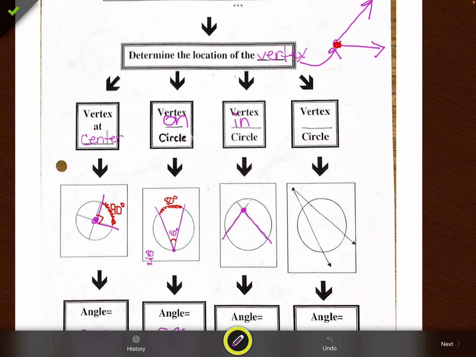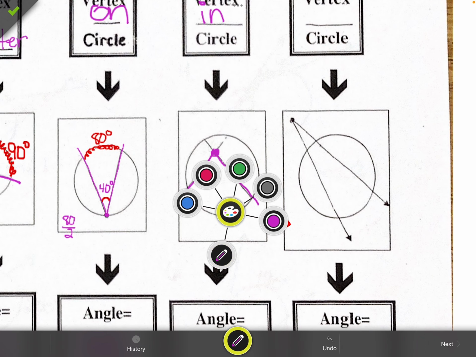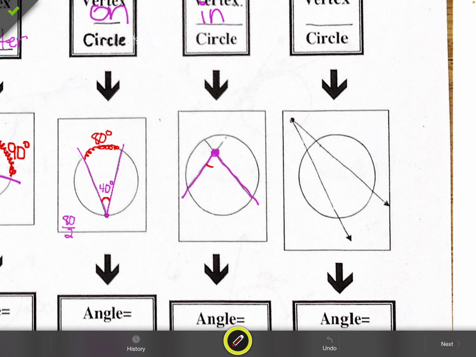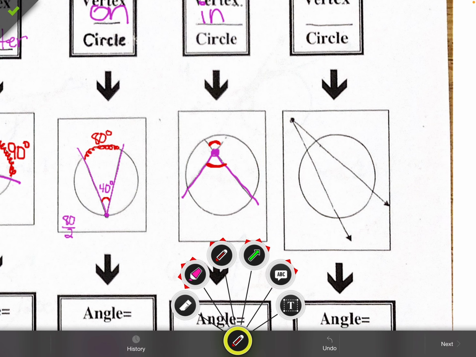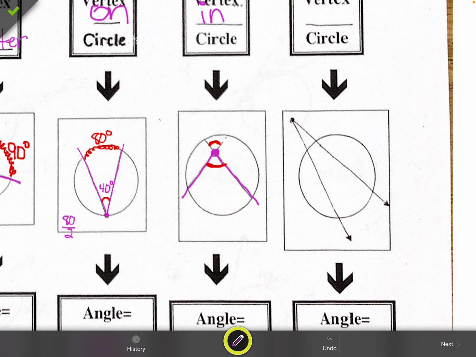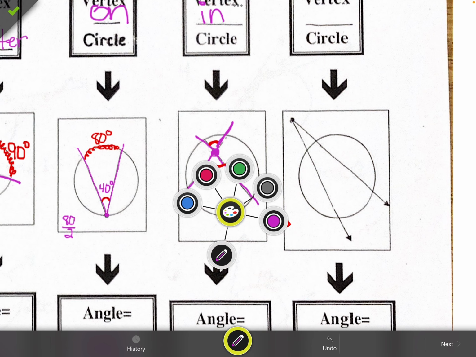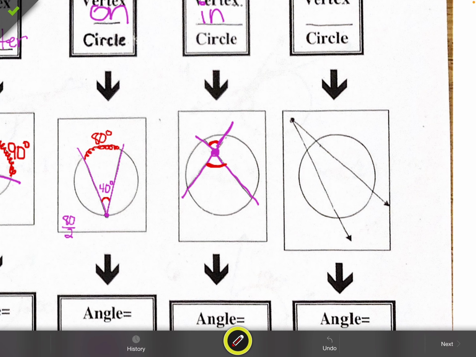Now, the one thing you do have to pay attention to is when we talked about vertical angles, this angle right here and this angle right here would be equal because they're vertical. And so to find this, I'm actually going to trace this angle too, and you'll see why in a second. But to find either one of those angles I just marked in red, I need both of these arcs.